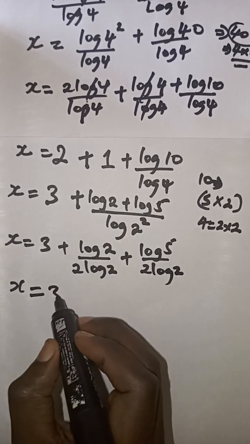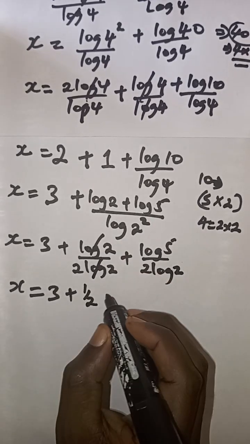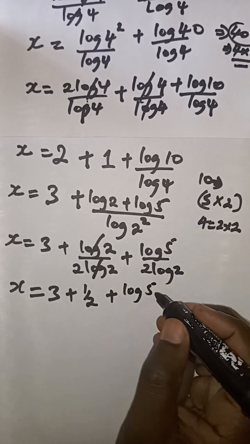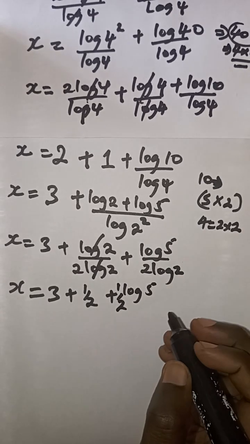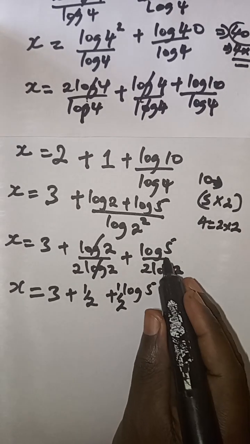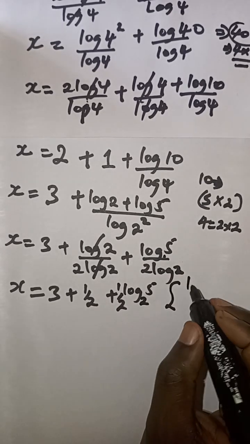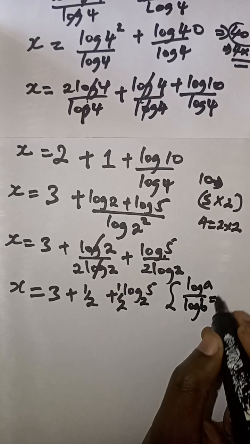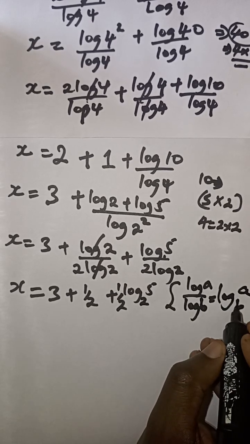Now x becomes 3 plus, when I divide this, I'm going to get a half plus the log of 5. Of course, I have a half, and then 2 can come here as the base, since if you have the log of a divided by the log of b, this is the same as the log of a to the base b.